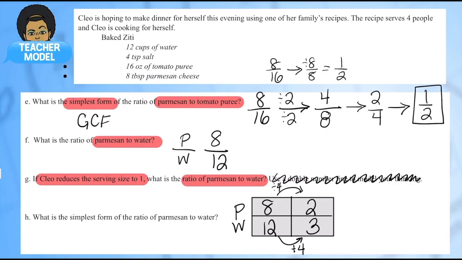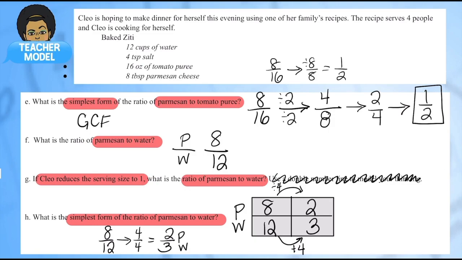And our last question just asks, what is the simplest form of Parmesan to water? 8 over 12, what is the common factor? In this case, I'm going to use 4 over 4. And you get 2/3. So this is the simplest form of the Parmesan cheese to water. It also just matches our table.